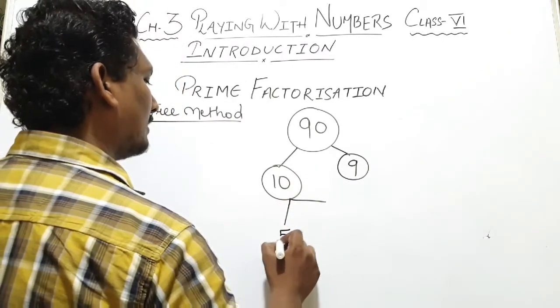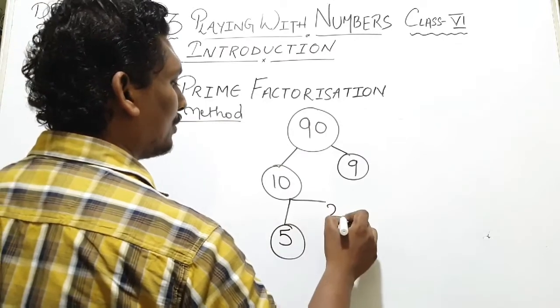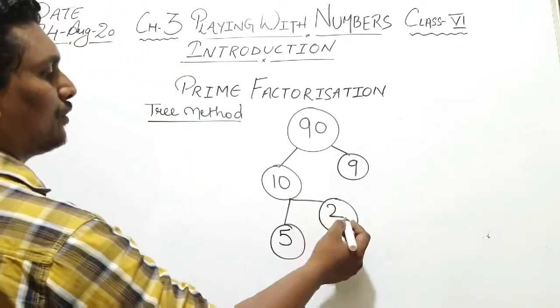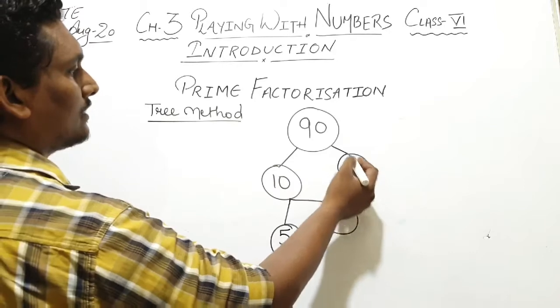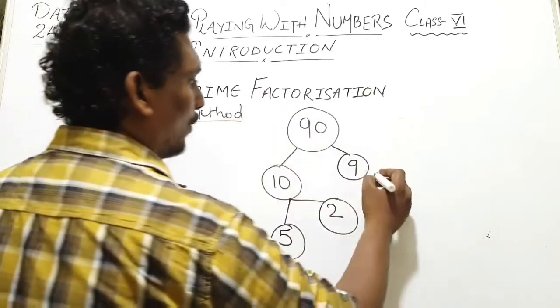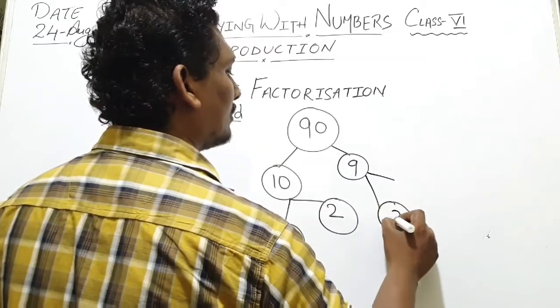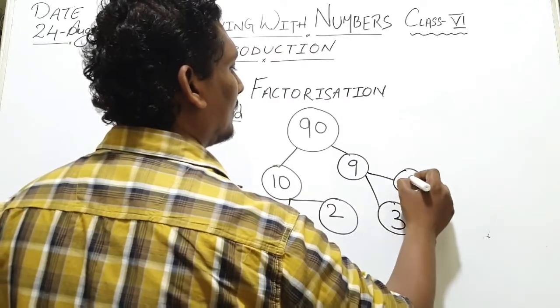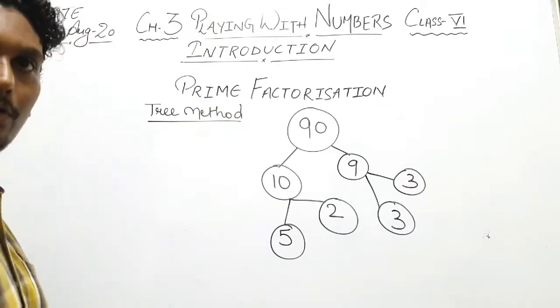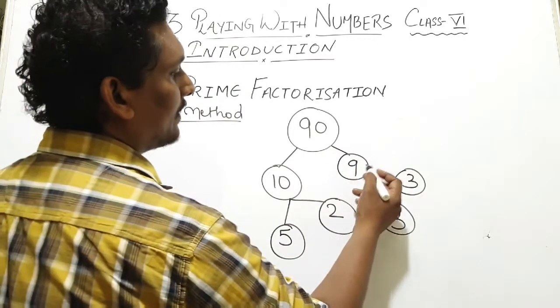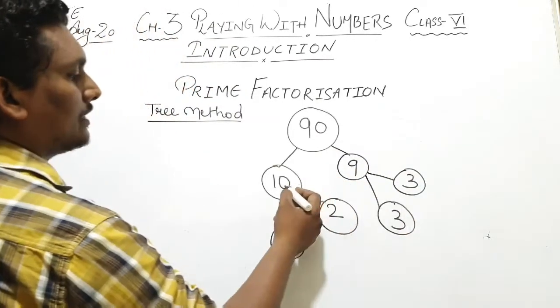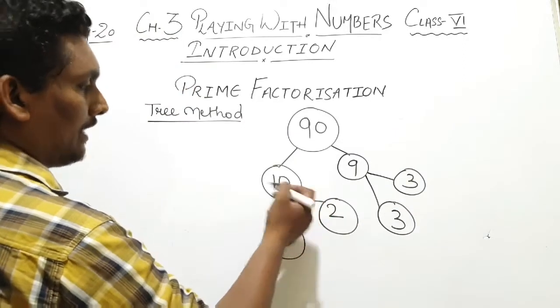We can write it as 5 into 2. So 5 into 2 is 10. 10 into 9 is 90. One more thing we can do, we can split this 9 also. Here 9 we have written as 3 into 3, which is 9. This 10 is 5 into 2, which is 10.